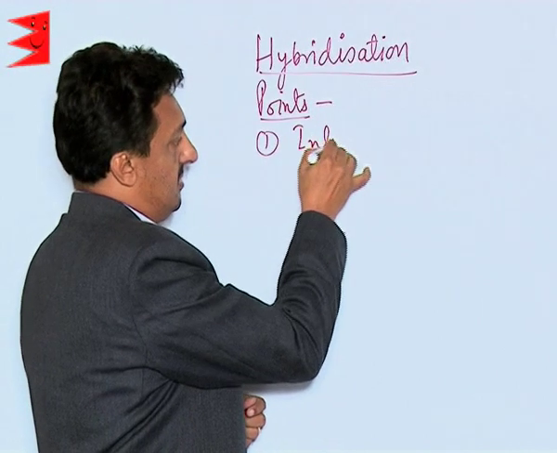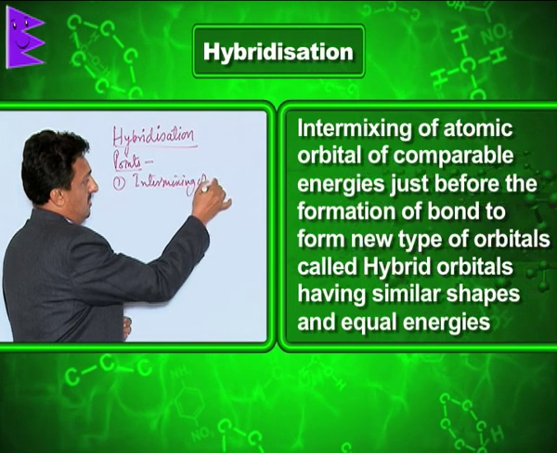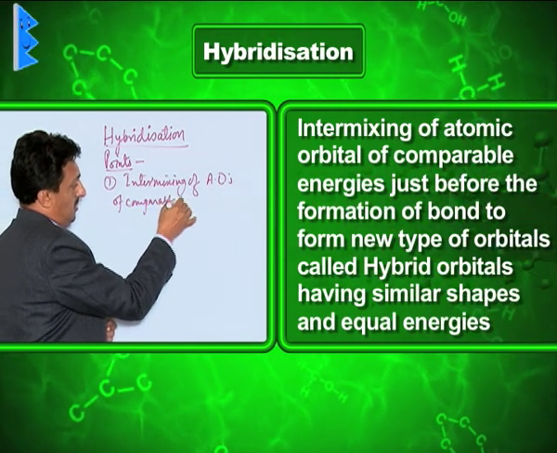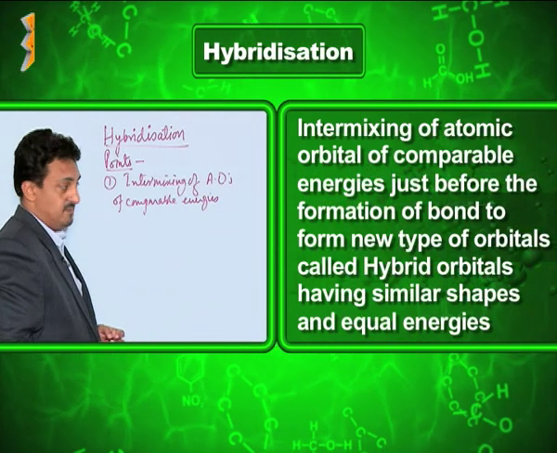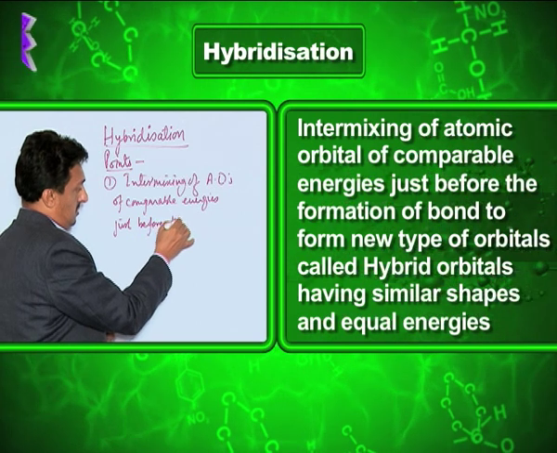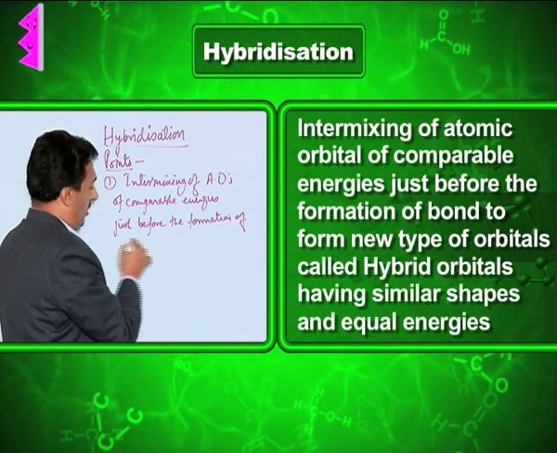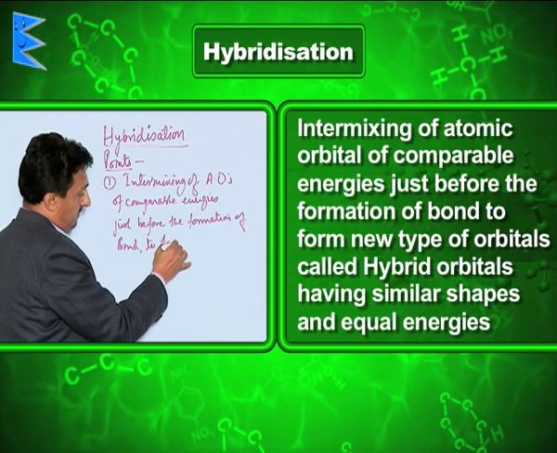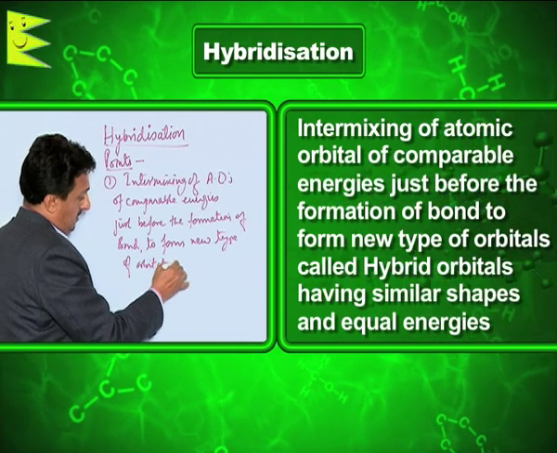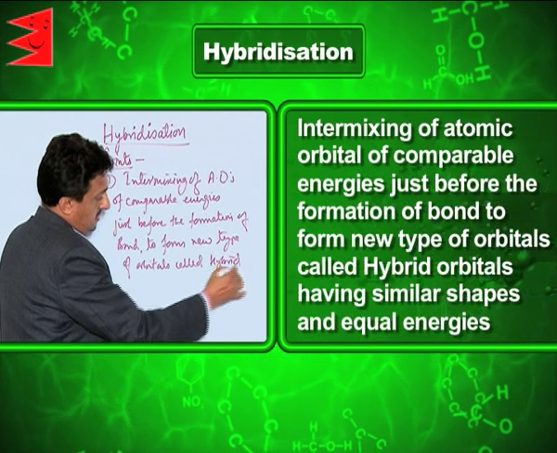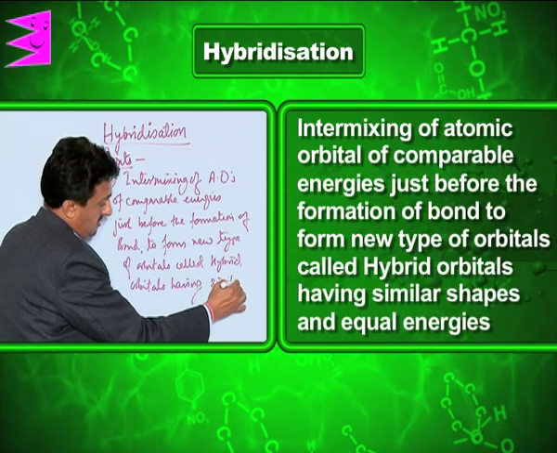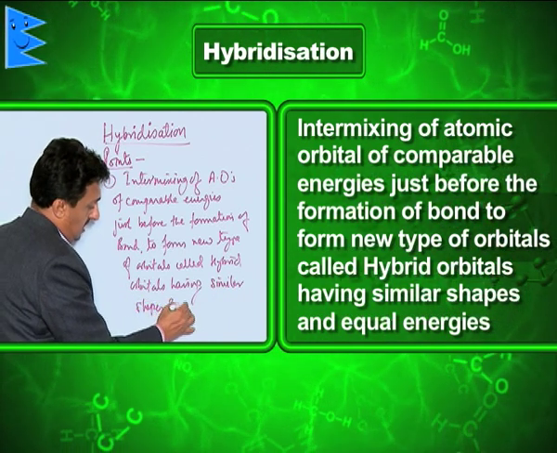It is the intermixing of atomic orbitals of comparable energies just before the formation of bond to form a new type of orbitals called hybrid orbitals, having similar shapes and equal energies.